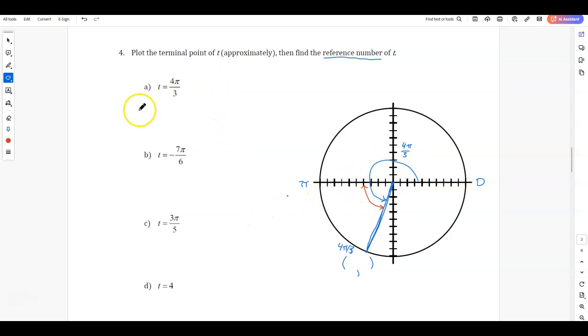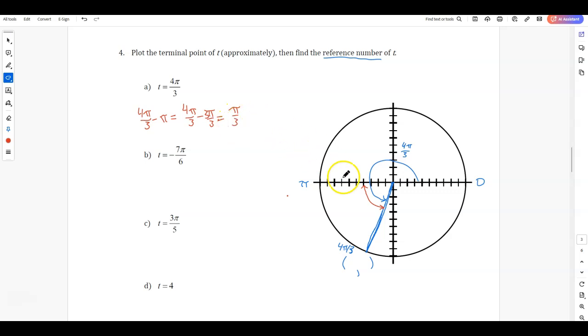So for this one, 4 pi over 3 minus that value of pi is going to be, change this to a common denominator. This is often something you have to do, right? So 4 pi over 3 minus 3 pi over 3, that's the same as pi, is going to be pi over 3.